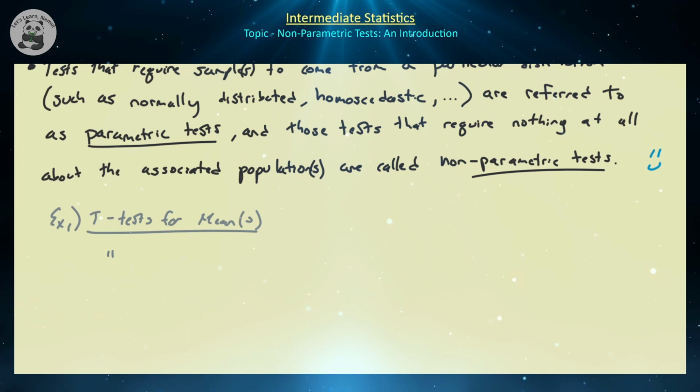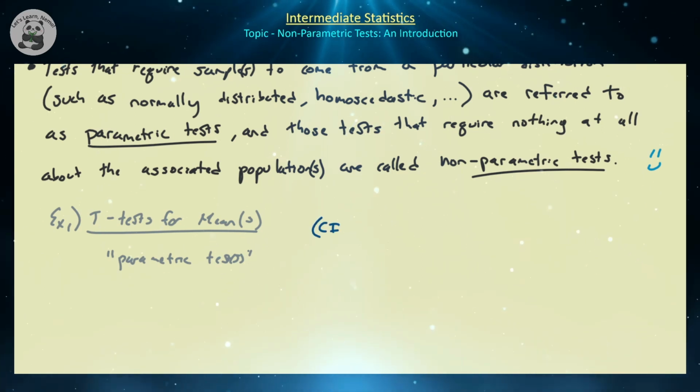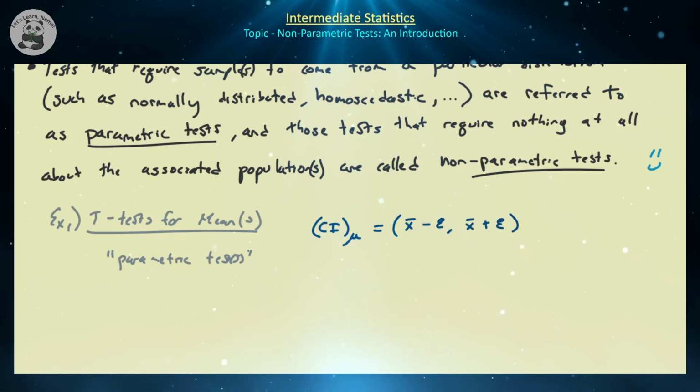So these are called parametric tests. And why are they parametric tests? Well, for example, if we are conducting these hypothesis tests with confidence intervals, that means we're going to be constructing a confidence interval for the population mean mu, and typically the confidence interval, if we're working with a two-sided alternative, is going to be of the form x bar minus the margin of error and x bar plus the margin of error, where that margin of error is usually established to be the product of the standard error and some critical value.